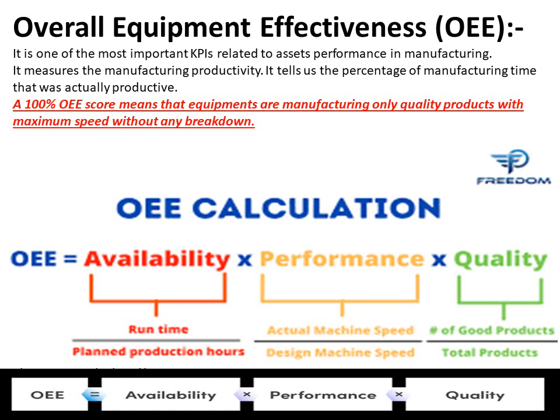It tells us the percentage of manufacturing time that was actually productive. So a 100% OEE score means that equipment is manufacturing only quality products at maximum speed and without any breakdown.